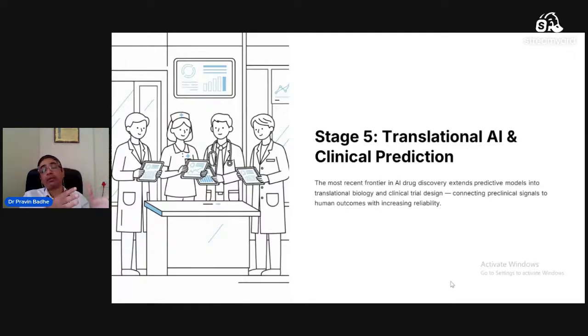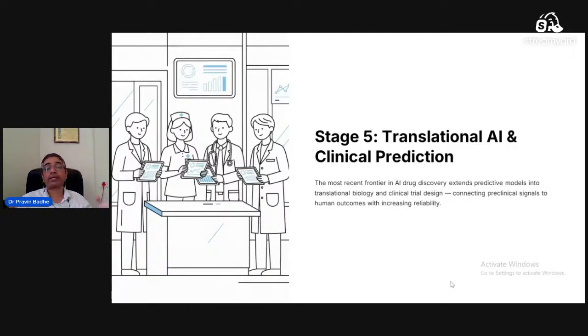Now, with the help of studies in vitro and in vivo, we need to make sure that it will translate into clinical prediction as well as moving into clinical study. As I told you, the major stages of drug discovery and development are important: first is the basic research, second is the preclinical and initial stage of the clinical, third is the clinical, and the fourth phase of clinical and the market.